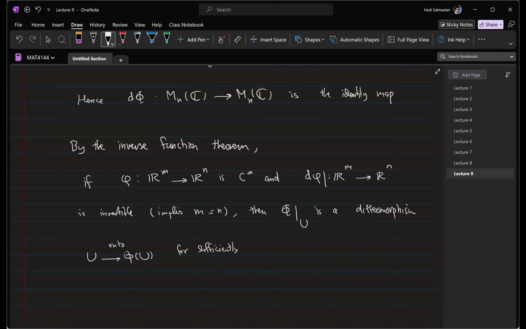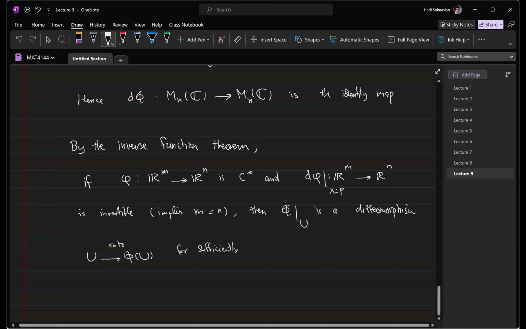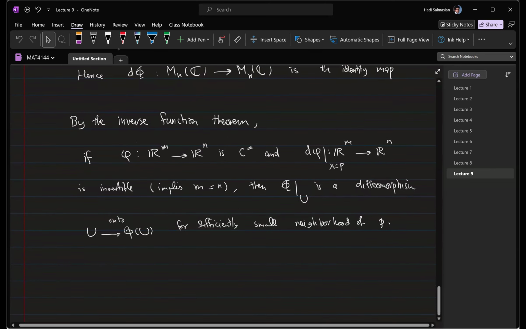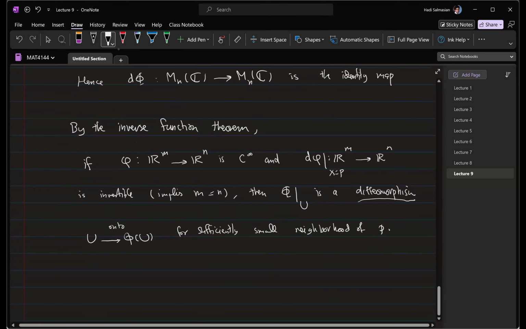Derivative at P. What's a diffeomorphism? A diffeomorphism is a bijection with inverse also a differentiable map, like a homeomorphism which is differentiable and its inverse is differentiable. Are you familiar with this theorem?